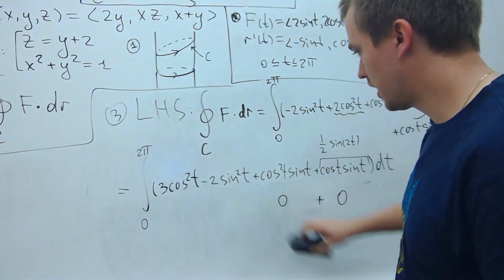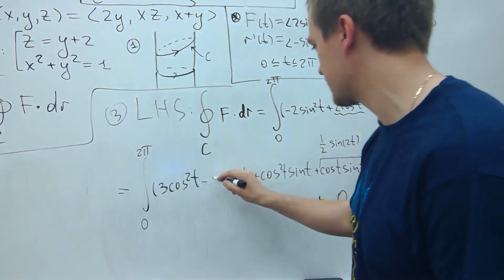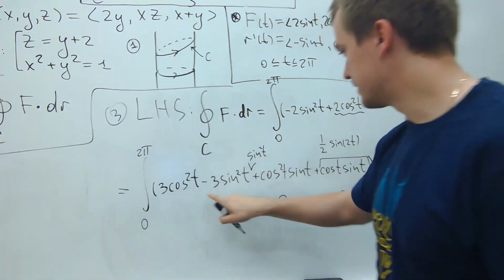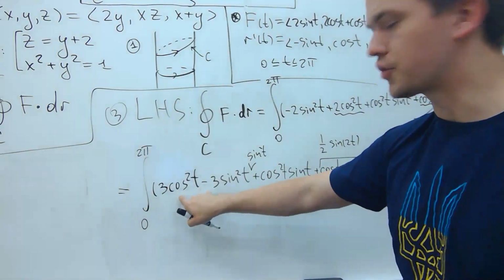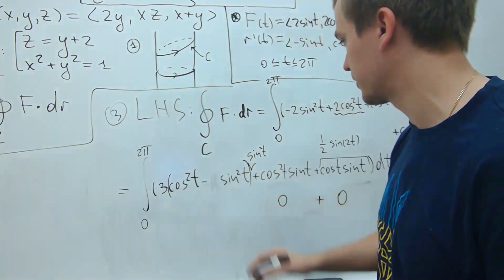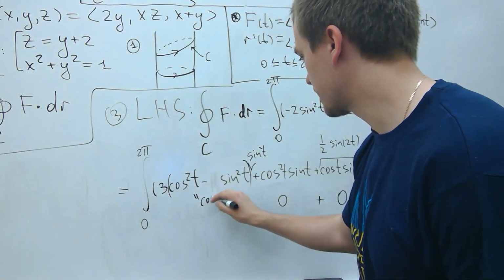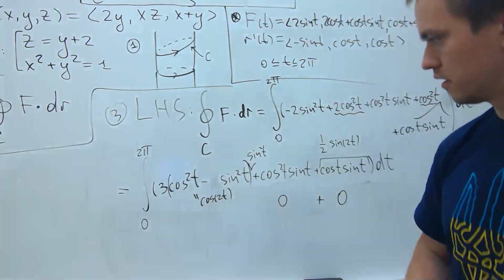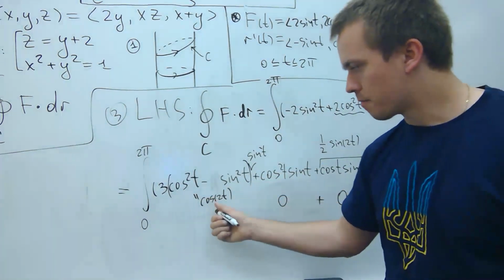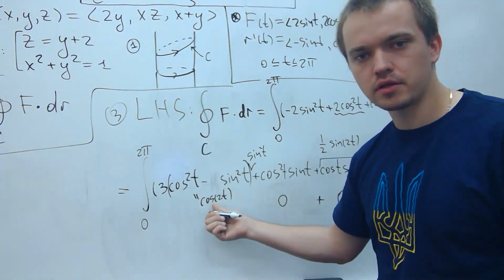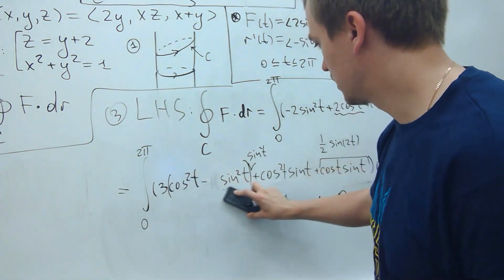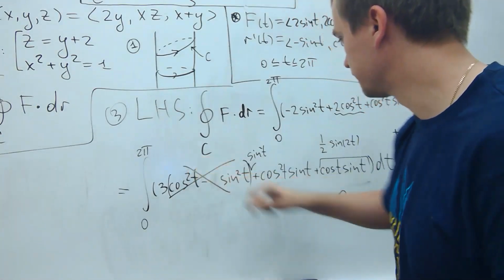If I subtract sine squared t and add sine squared t here, then by another trig identity, if I factor 3, I will have cosine squared t minus sine squared t, which equals cosine 2t. When I integrate this, I will get the sine function, and the sine function from 0 to 2 pi is also 0. So this term is also 0.